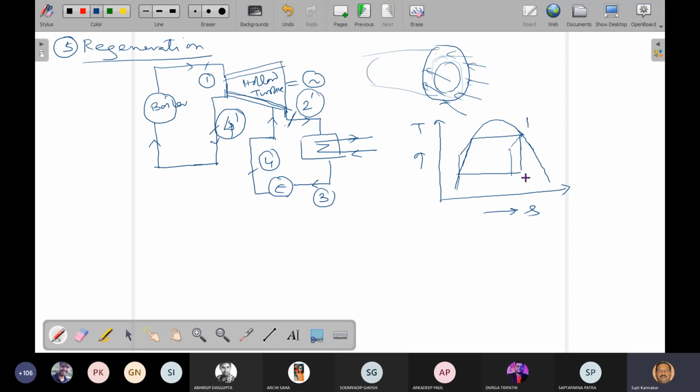This is 1; it's supposed to be 2, but it's becoming 2 dash. It's 3, 4, and 4 dash. Okay, just match it.